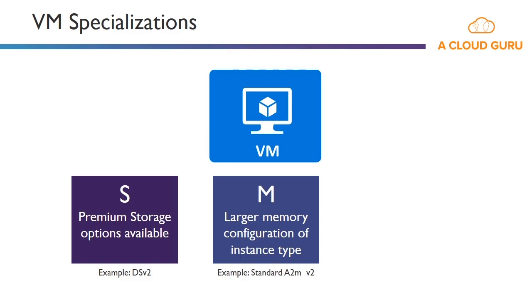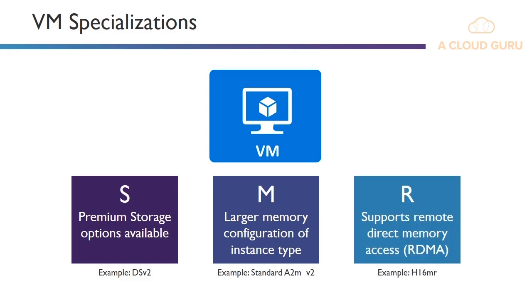We have the M specialization as well. That's for a larger memory configuration type. So if, for example, we've got a standard A2, then you might see a standard A2M that just has more memory. And then the final one, we have R, which supports remote direct memory access, also known as RDMA, and you'll see that in things like H16MR as well.